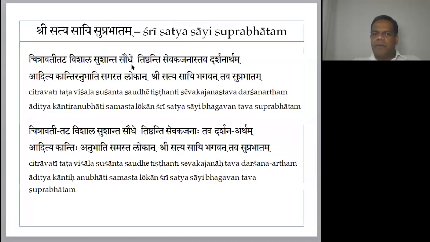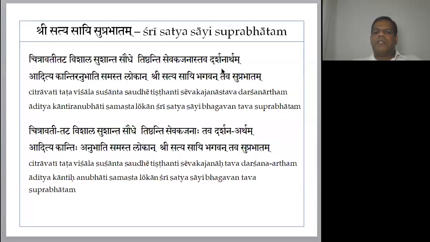So, Saudhe. The next word, Tishtanti, just the way Uttishta. The Ish is a cerebral sh, and Tha is again aspirated because it's a second letter in the Ta varga, or Ta class of consonants. It has to be Tishtanti.